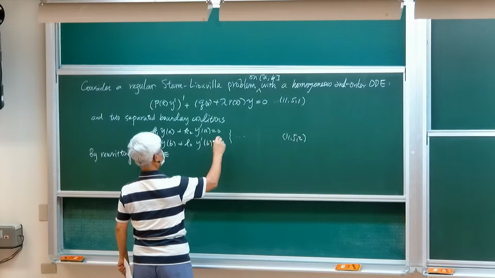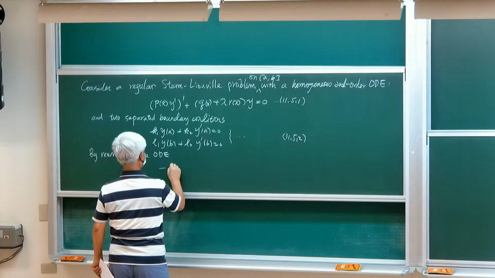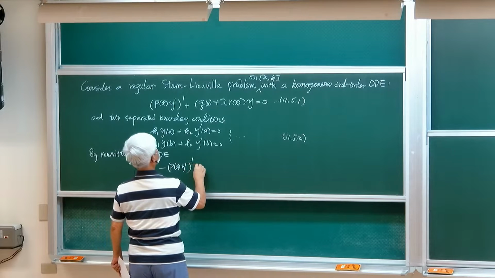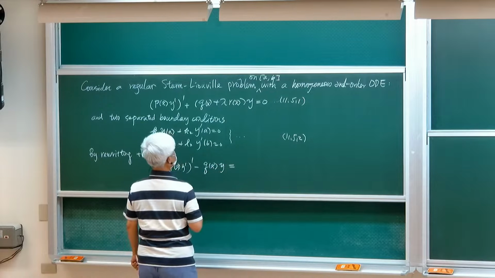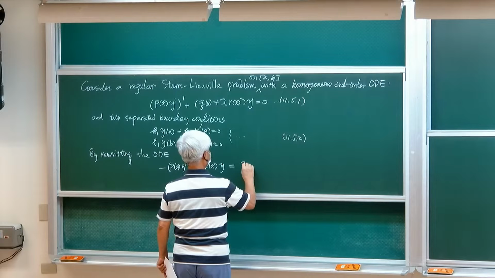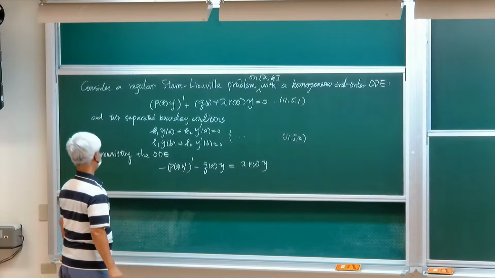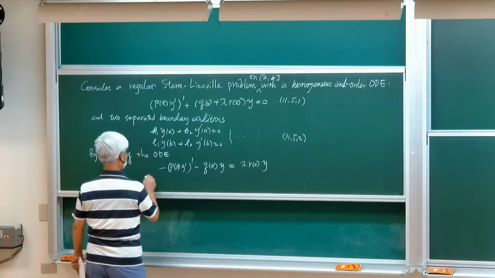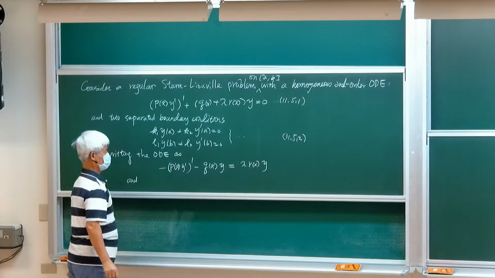Okay, and so we have (p(x) y')' minus q(x) y is equal to lambda r(x) y.